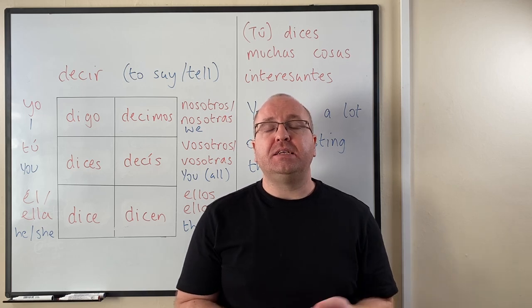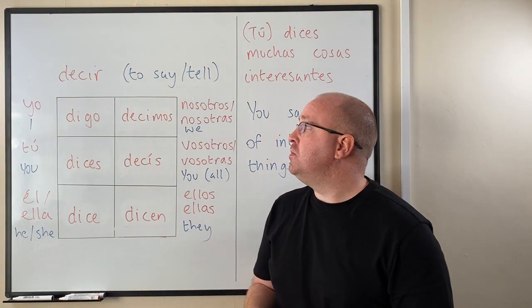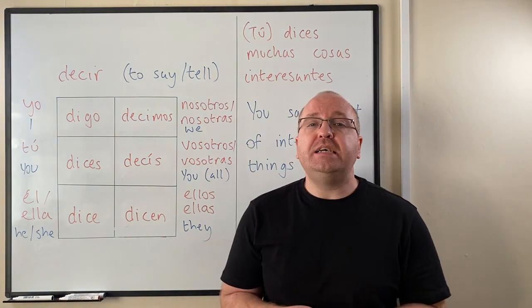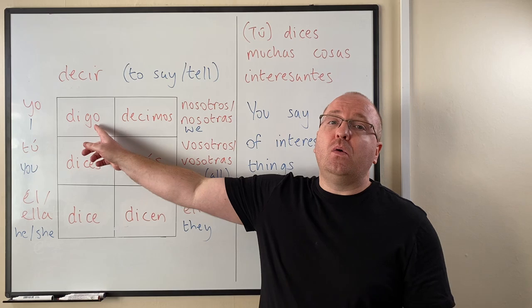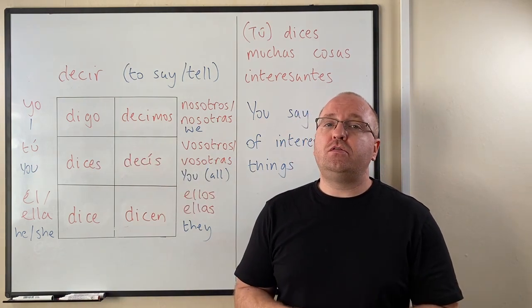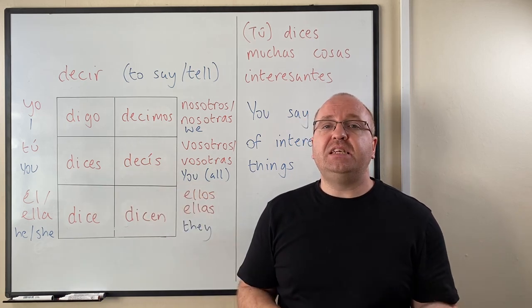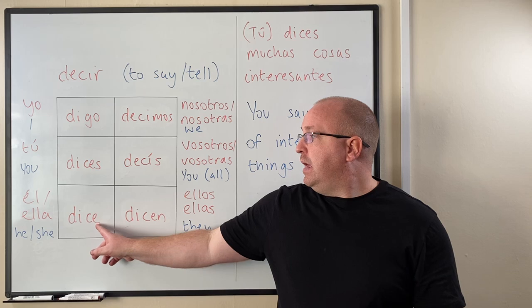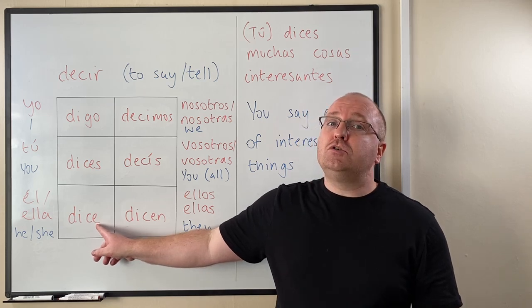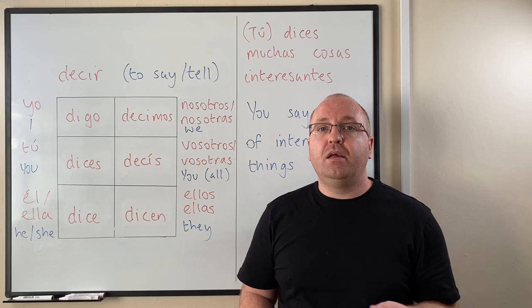Okay, so the next verb is the verb for to tell or to say. And in Spanish, that's decir. Now let's look at the conjugated forms. I say or I tell is digo. You say or you tell, dices. He or she says or tells, dice.